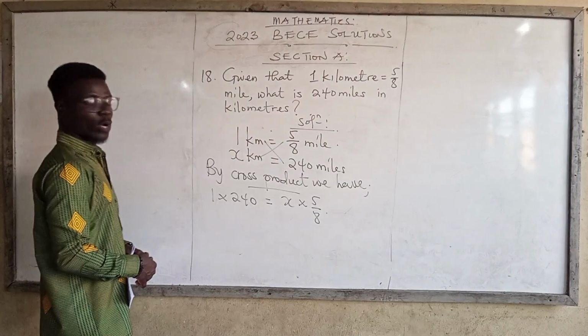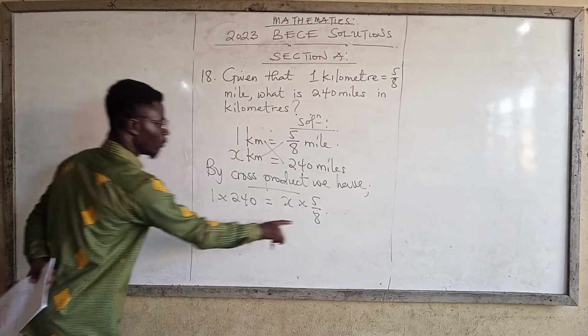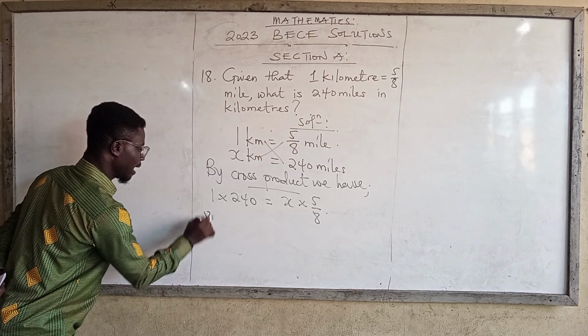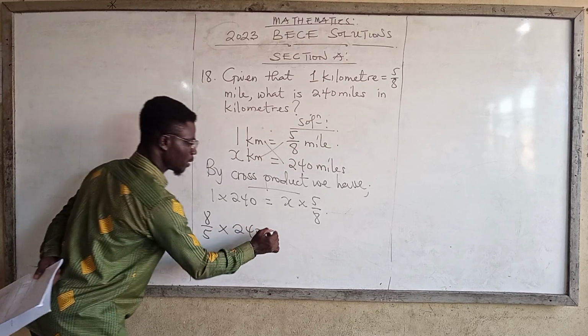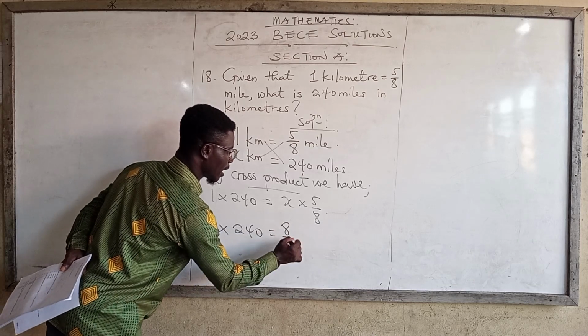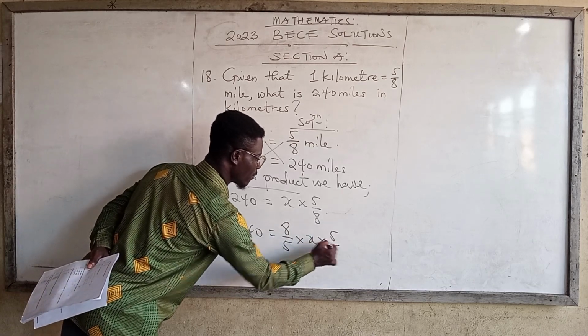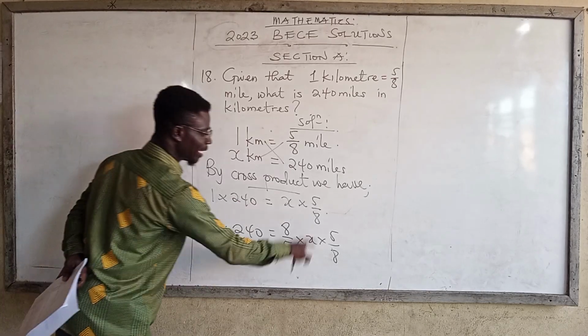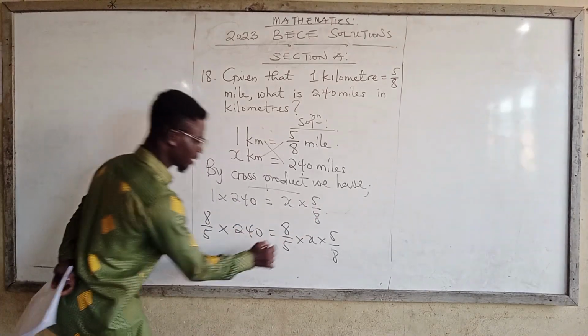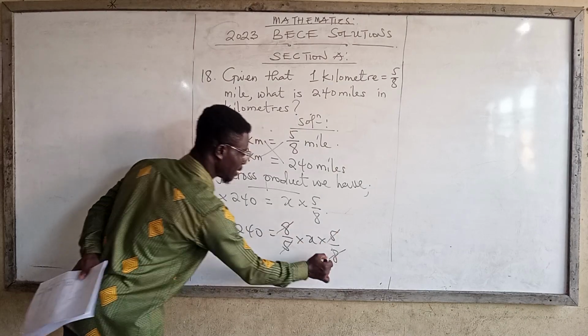That one too will work. Reciprocal, which means that I get 8/5 times 240 is the same thing as 240 equals 8/5 times x times 5/8. So I'm multiplying both sides of the equation by the reciprocal of 5/8. This cancels, this cancels.